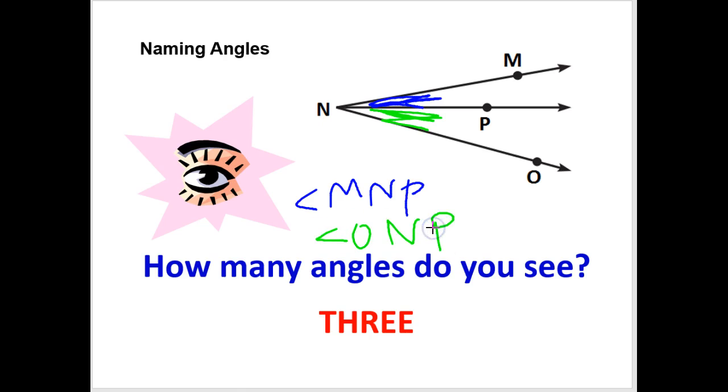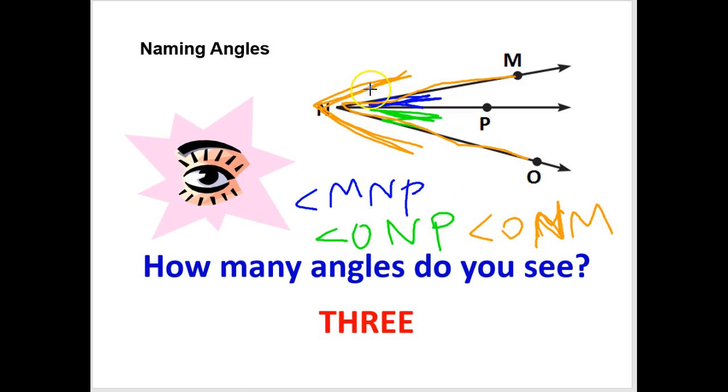Notice the vertex is in the middle both times. And then also the big one from here all the way there. The big one, MNO, OMN, NM. Again, vertex in the middle.